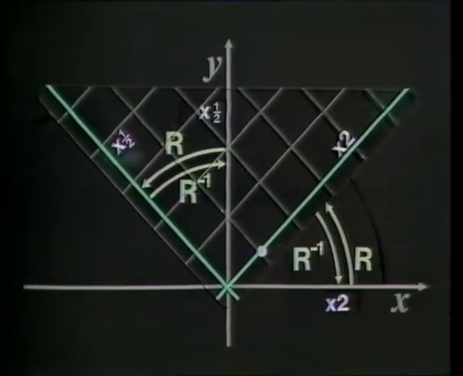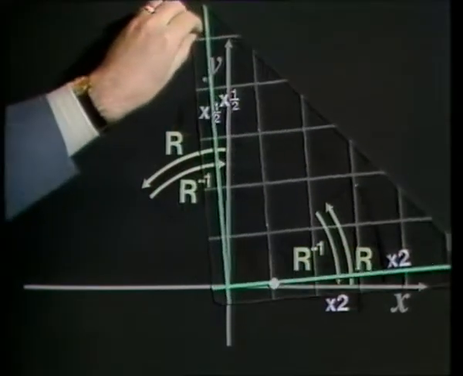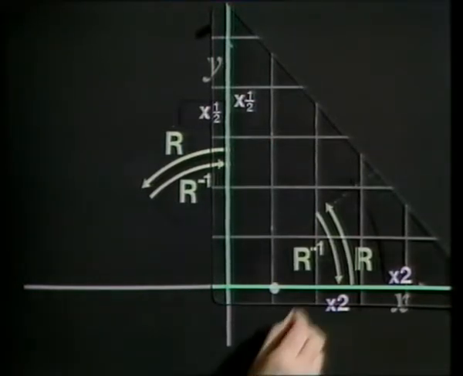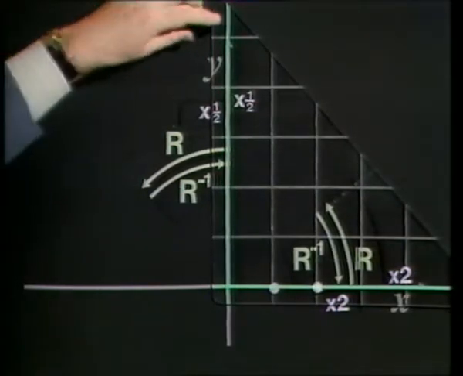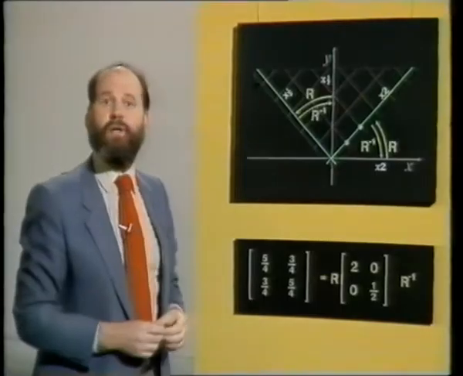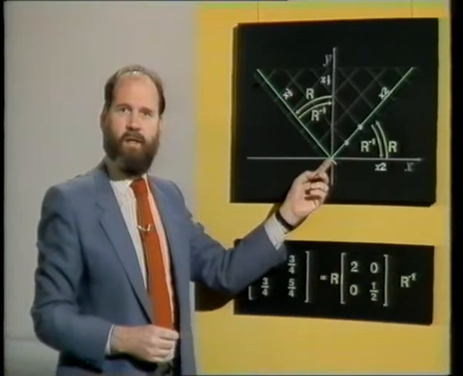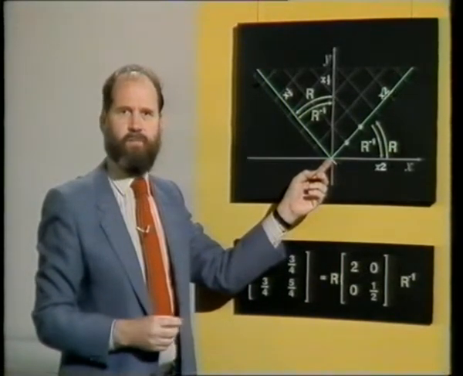What happens to it? Well, R to the minus 1 rotates it down to the x-axis. And then the diagonal matrix scales it by a factor of 2. And lastly, R rotates it back to the eigenline. So the overall effect is to scale it along the eigenline by a factor of 2, which is exactly what the original transformation did.